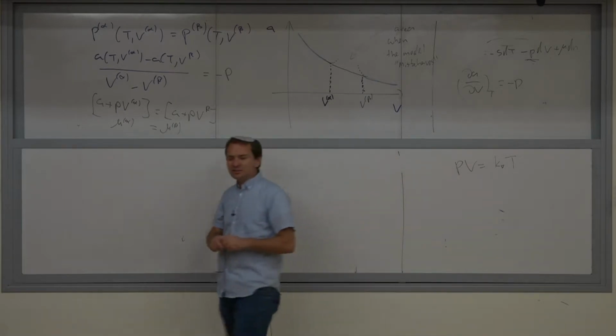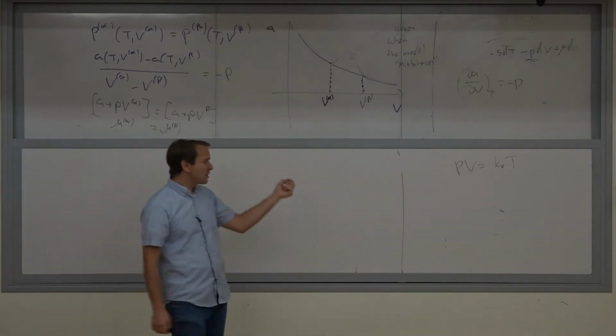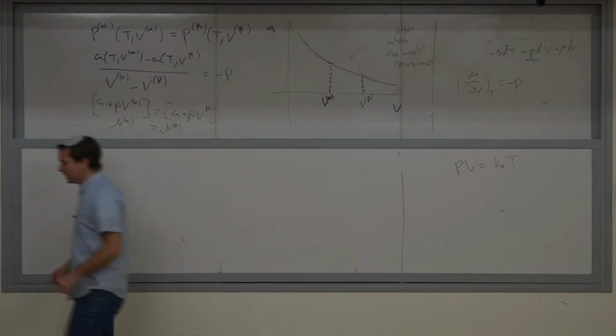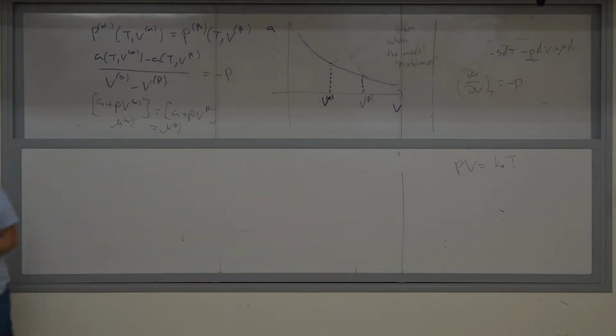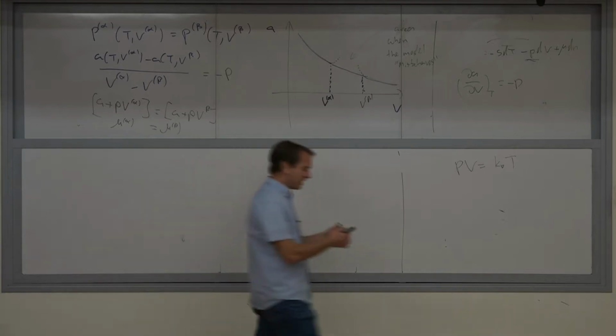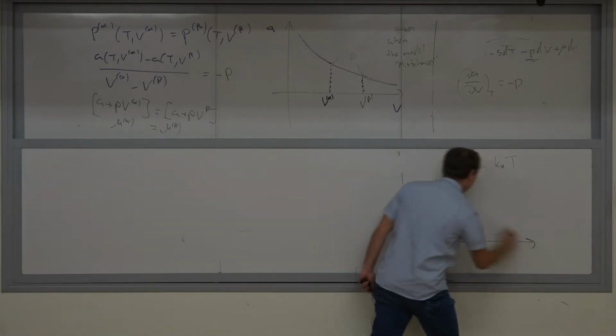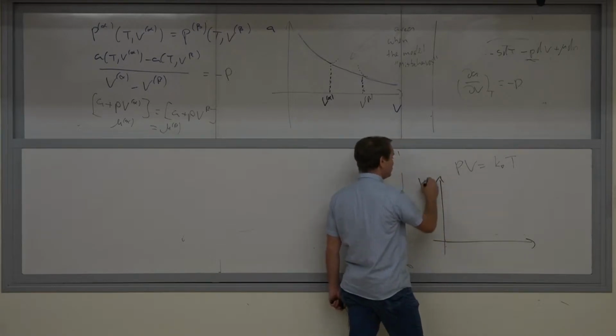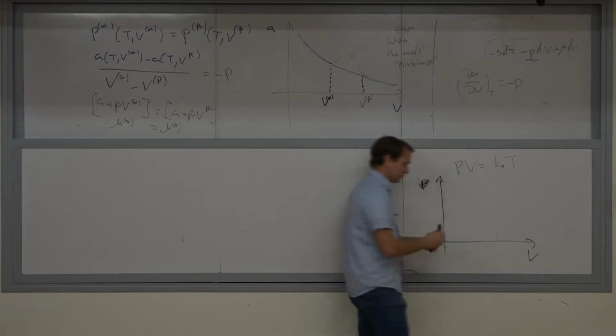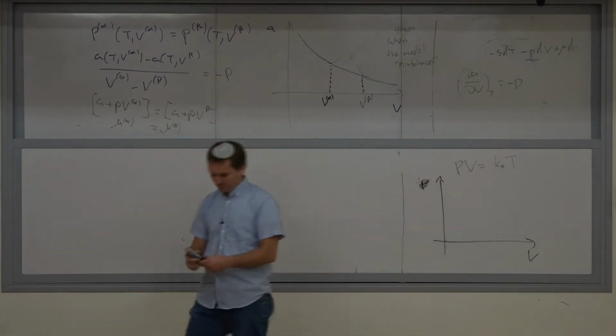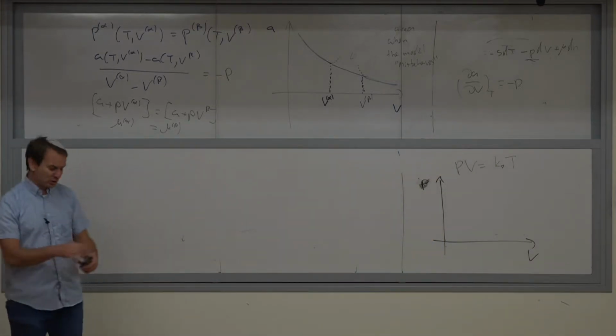The ideal gas connects pressure to volume, and for the ideal gas, there are no phase transitions, right? Plot pressure as a function of V, or the volume as a function of pressure.